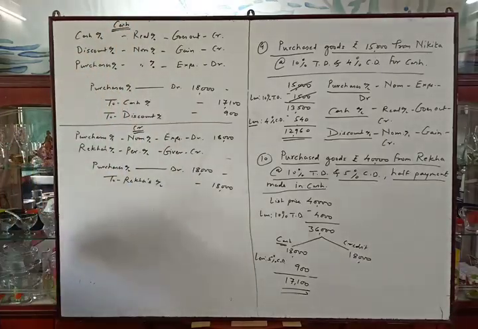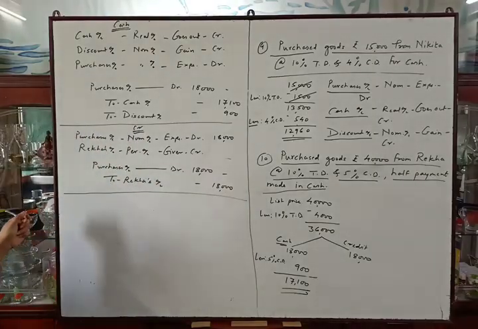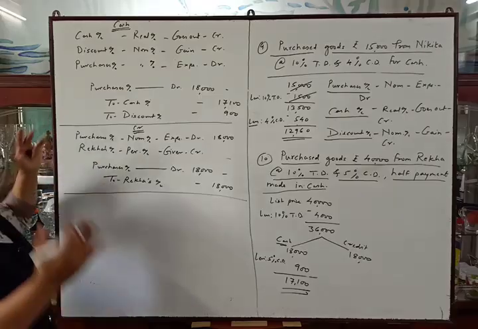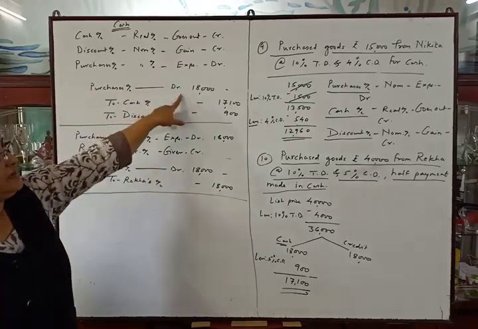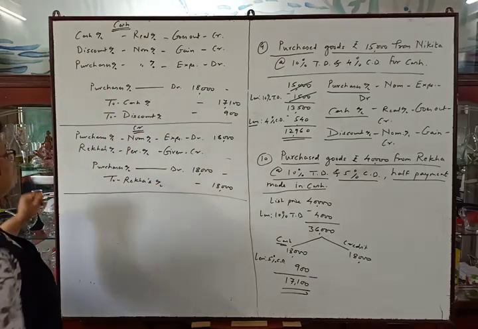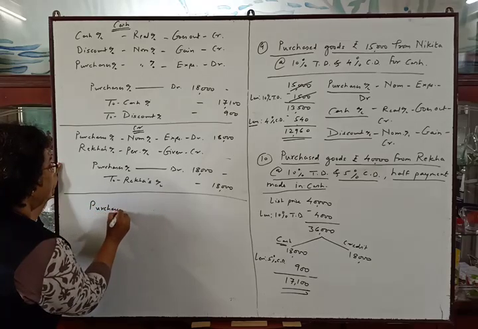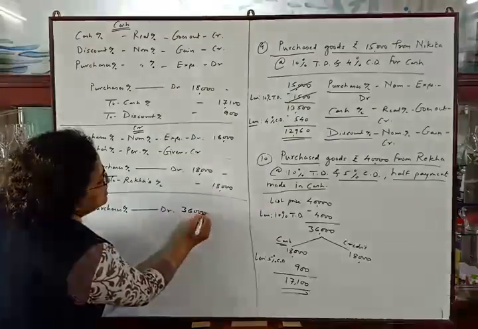ओके, या दोन्ही एंट्रीज मिळून आपण कंबाइंड एंट्री सुद्धा करू शकतो बघा. ही एंट्री आणि ही एंट्री यांना एकत्र केलं की कंबाइंड एंट्री होईल. परचेसेस अकाउंट इज डेबिटेड बाय 18,000 and here purchases account is debited by 18,000. So here in combined entry, purchases account debit 36,000.